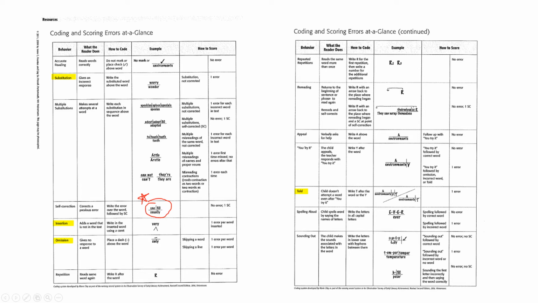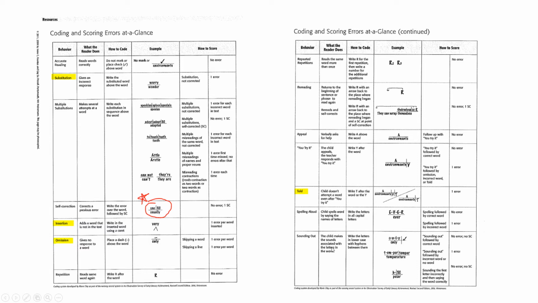Now you know that the child is saying the sounds of these letters because they're in lowercase form with dashes after them, which means they're saying t-, per. See how that works? Now, on the second example here, temper is counted as an error, not because the student was subarticulating, but because when they finish the word, it's still not the word in the text.